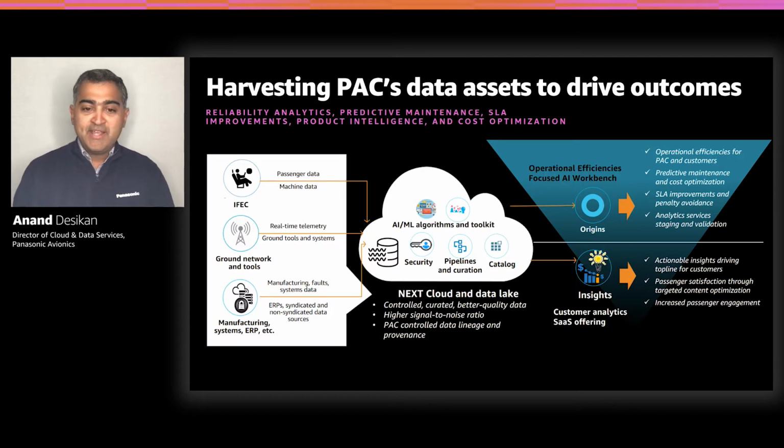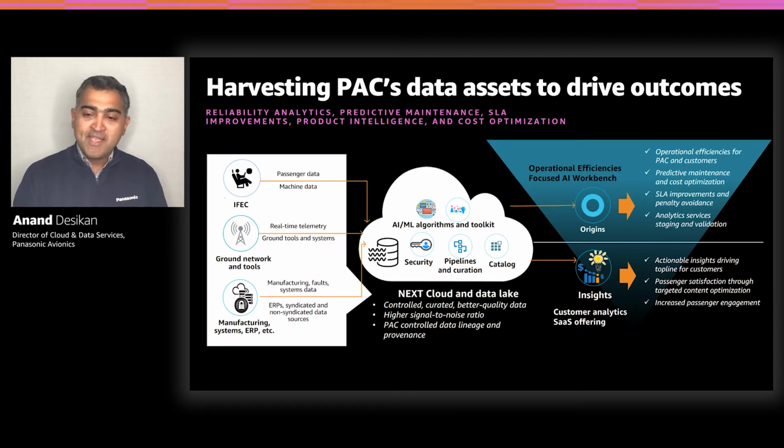One area where we have been successful is building out the data lake on Amazon Web Services, where we bring in a ton of data from our ground systems, passenger data, and machine data. We also bring in a lot of our manufacturing and ERP data to drive the outcomes that we desire from this work.